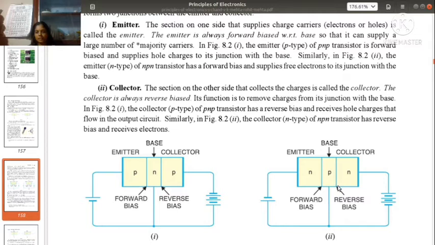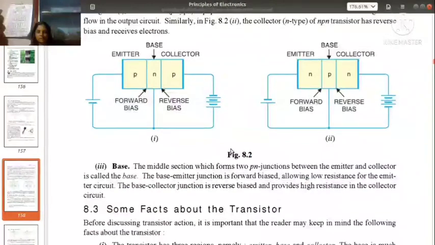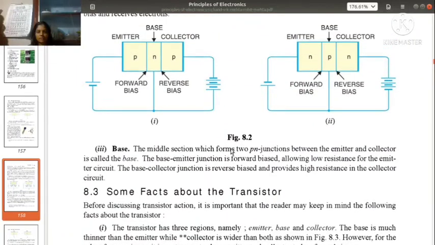So this is the collector base junction, which is also reverse biased. And the third region is base, which is the middle region. The middle section, which forms two PN junctions between the emitter and collector, is called the base. The base emitter junction is forward biased, allowing low resistance for the emitter circuit. The base collector junction is reverse biased and provides high resistance in the collector circuit.